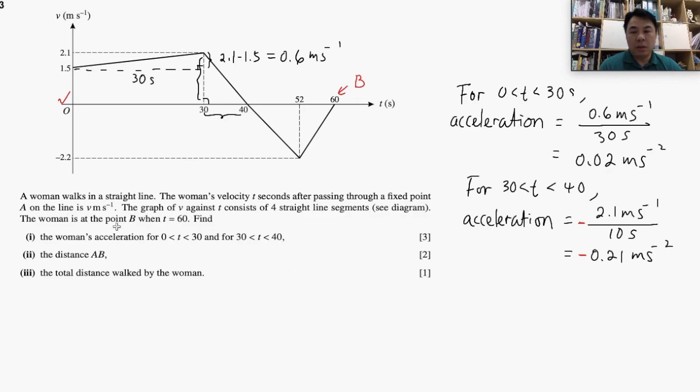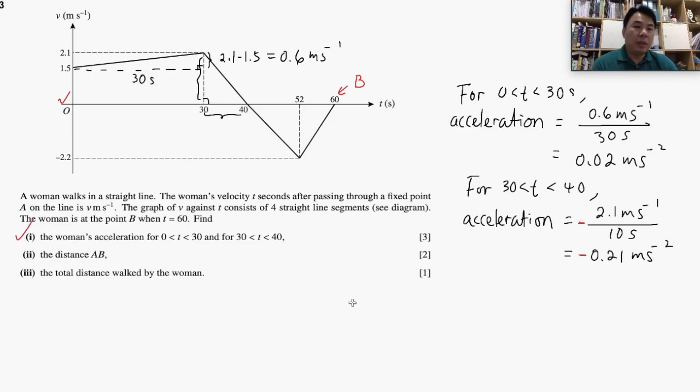Because they don't request for deceleration, we have to state the acceleration in the form of negative, just to signify that the object is slowing down, or in this case, the woman is reducing her speed. Okay, I hope that's clear.